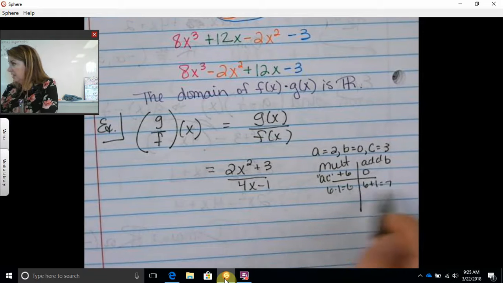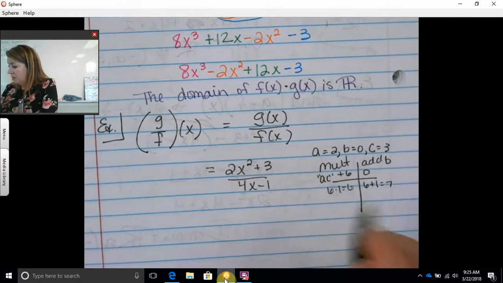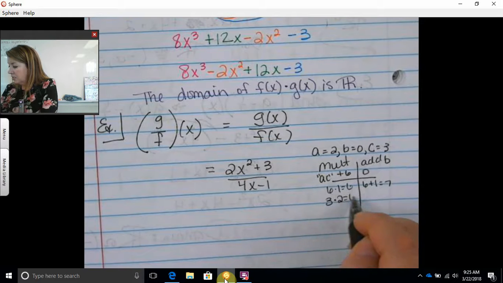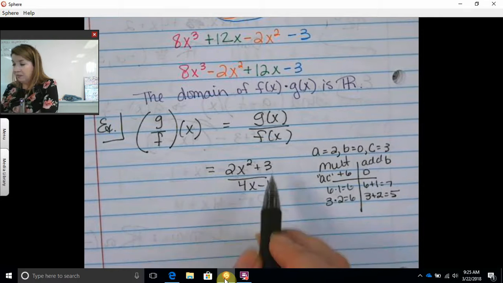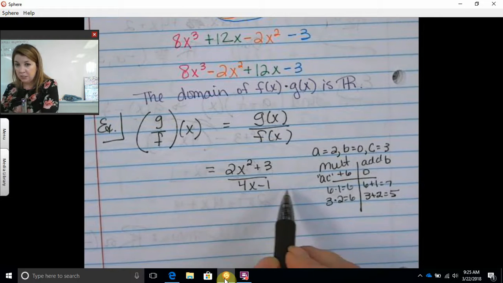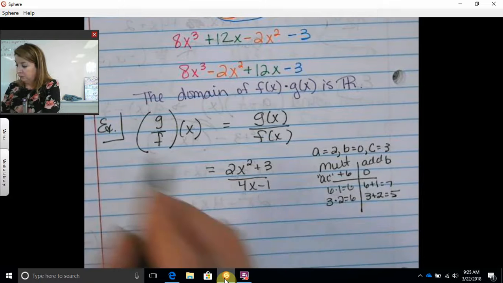Even if you change it to negatives, it won't give you 0, right? 3 times 2 is 6. 3 plus 2 is 5. And even if you change those both to negatives, it still wouldn't give you a 0. So that's not factorable. Is 4x minus 1 factorable?